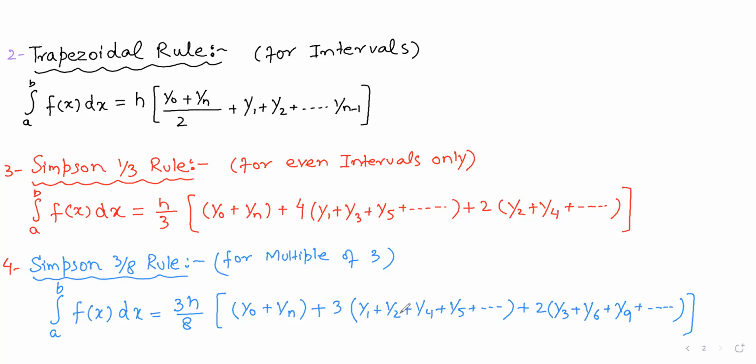Okay, so let's review the 3 different formulas. The first formula is the trapezoidal rule, applicable for all intervals. Sometimes the number of intervals is even, sometimes odd, sometimes a multiple of 3. Of course, a multiple of 3 can be either even or odd as well, right?